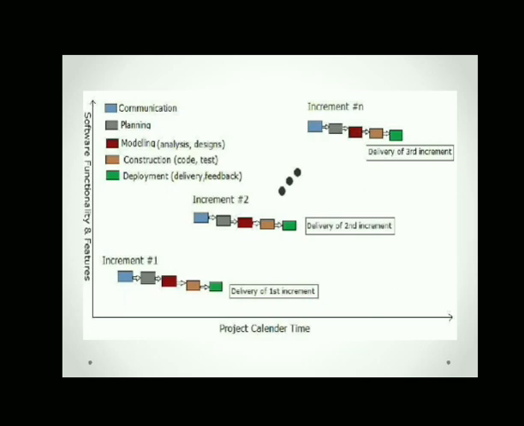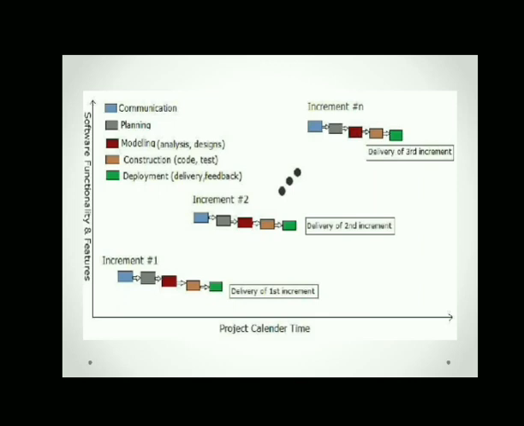The first phase, the communication phase, is also known as the requirement gathering phase, where we collect customer requirements. The second is the planning phase. Here we estimate the total development time for the software product. In the third phase, we perform modeling, that means analysis and design are carried out.